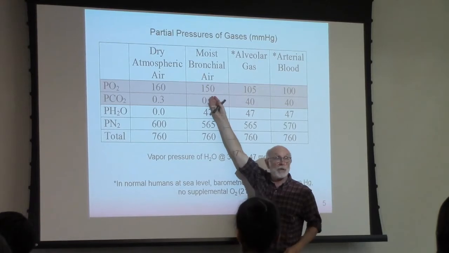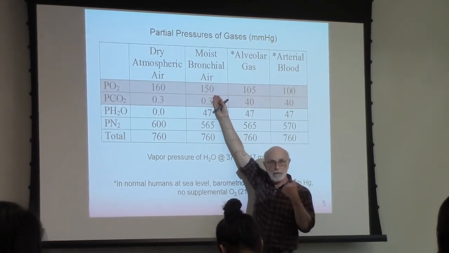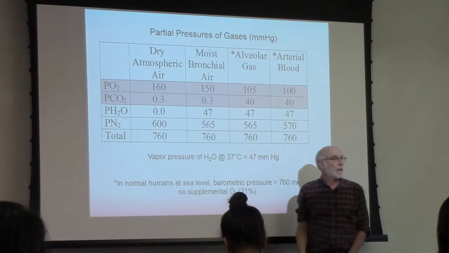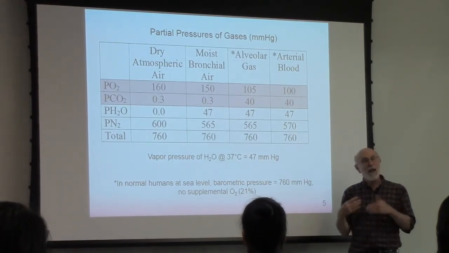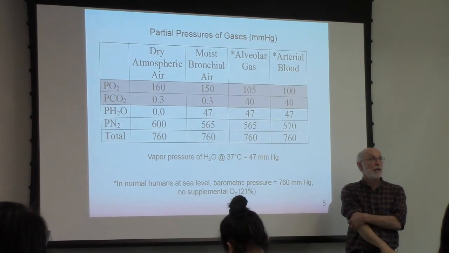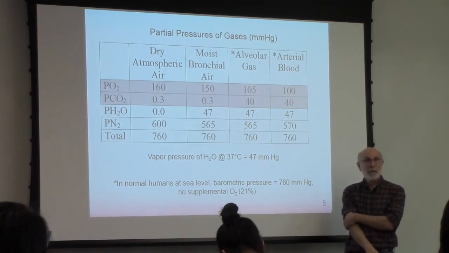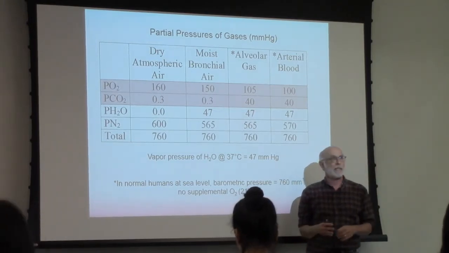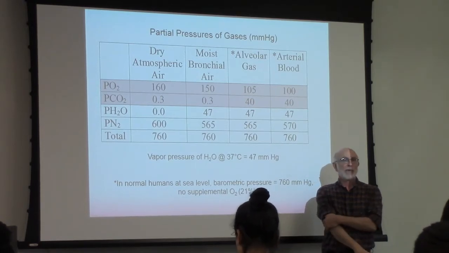So the partial pressure of oxygen in humidified air, humidified lung air, is 150 millimeters of mercury, not 160, because water vapor has taken up some of the partial pressure. Once we get to the understanding that there's water that sort of displaces the other gases, we're good, or at least we're getting better.